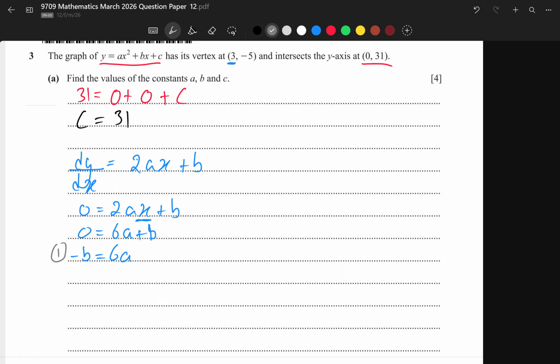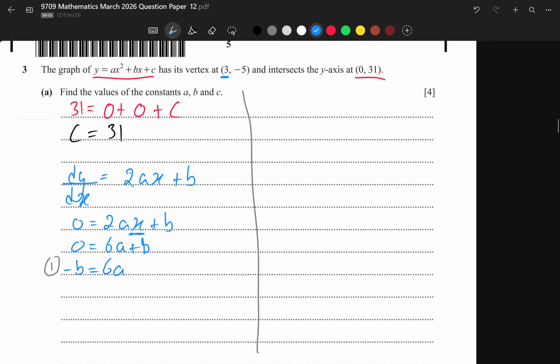Now for the second equation, we can do that if we put negative 5 in the place of y. So negative 5 for y is equal to a times x squared, and we have 3 for x, so a times 3 squared, plus b times 3 plus 31.